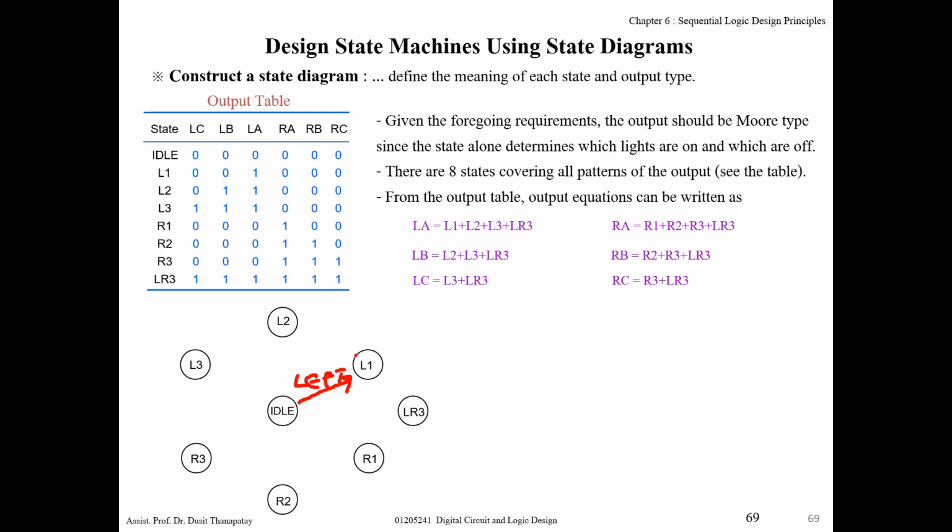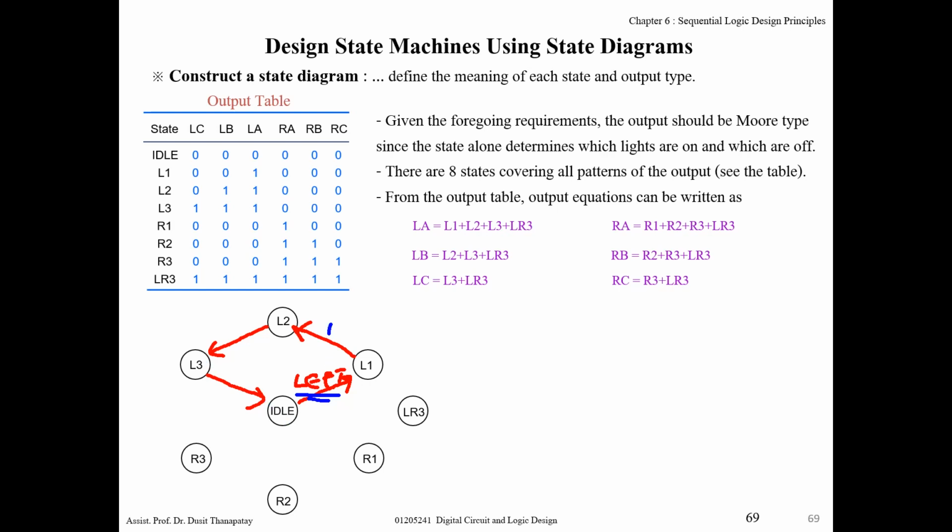When clock ticks, it changes from L1 to L2. When clock ticks, it changes from L2 to L3. When clock ticks, it changes from L3 to idle. If input left is still active, it goes to L1, clock tick goes to L2, clock tick goes to L3, and back to idle.